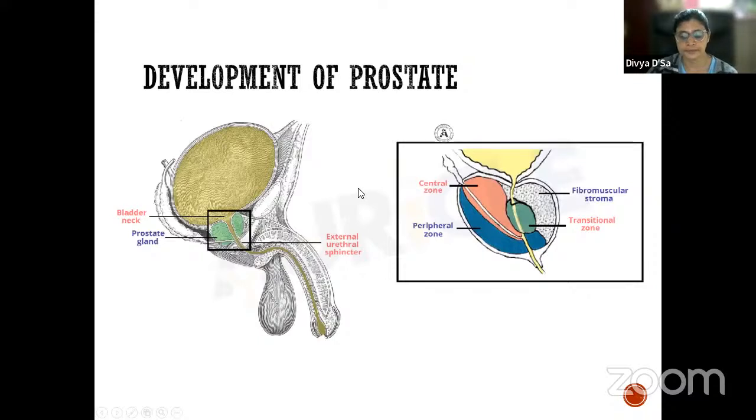Next is the development of the prostate gland. The prostate gland is one of the important organs of the male reproductive system.